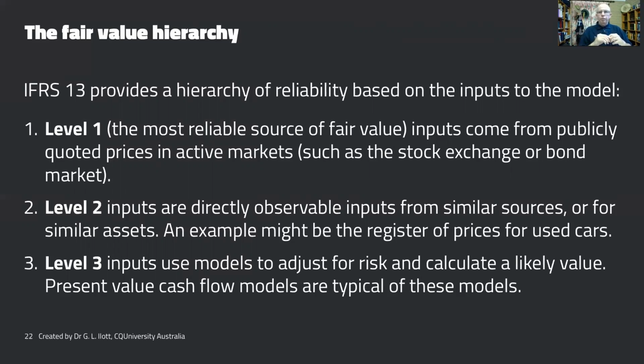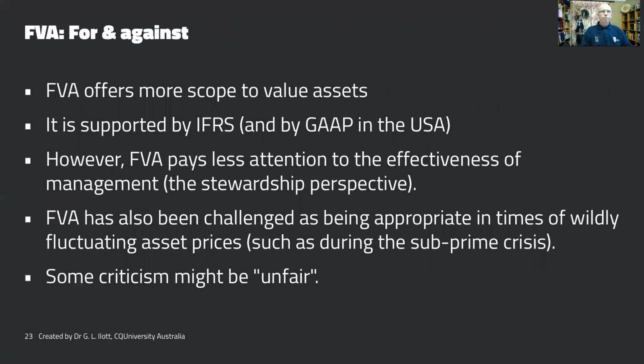So, for example, if you're trying to value your motor vehicle fleet, you might go to publicly available lists of valuations, standard valuations for those motor vehicles. Level three is the least preferable, but still allowed, that uses models to adjust for risk and to calculate a likely value. So the accountant has a lot of options available when using fair value.